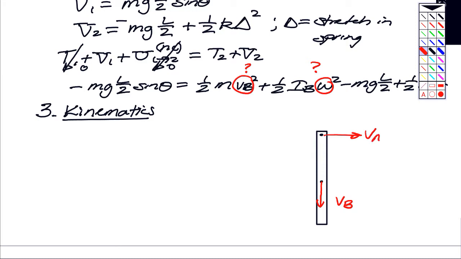If we were to ask ourselves where the instant center for that door is, we would draw a line perpendicular to the velocity of A, and that would be along this line here.